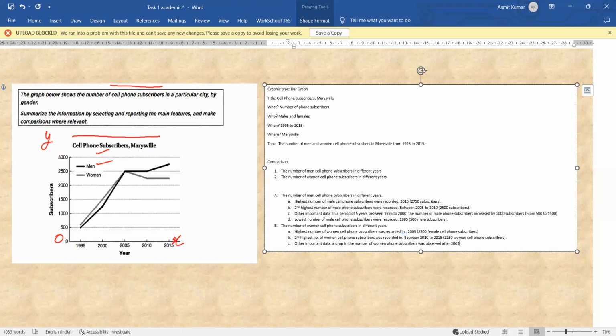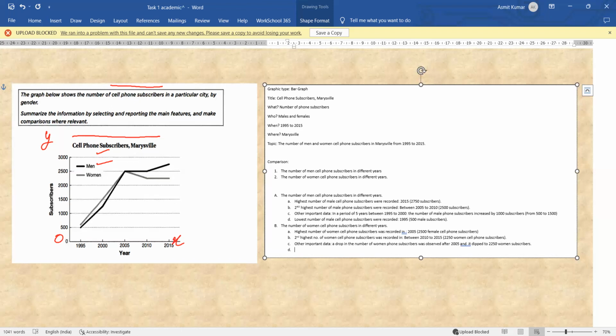Okay, and it dipped to 2,750. Now 2,250 women subscribers.